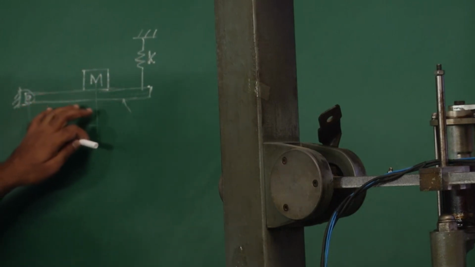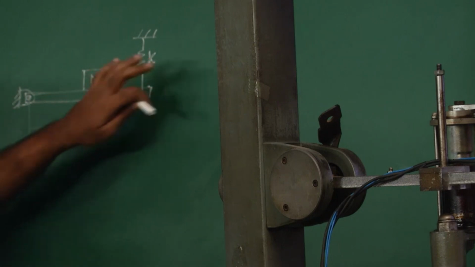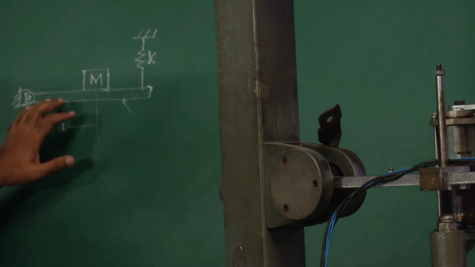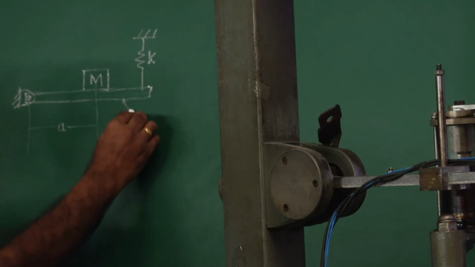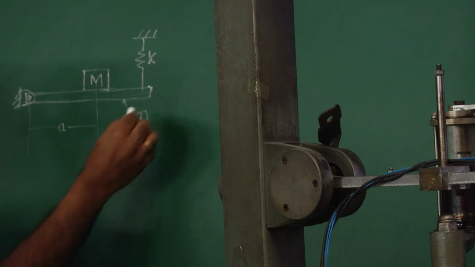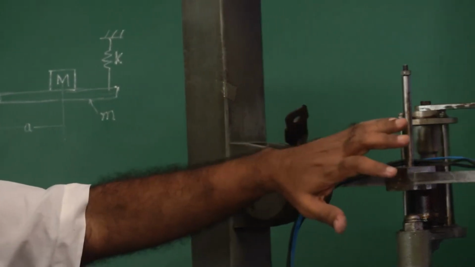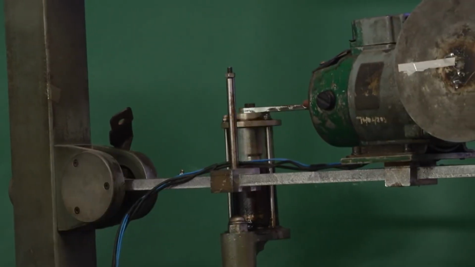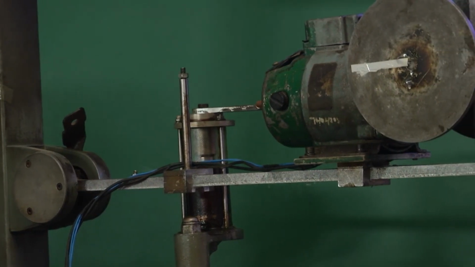So, we will give you the necessary dimensions and the other details like the mass of the motor, the stiffness of the spring, and also we can give you the dimensions of the beam, so that the mass of the beam, if you want to include it in the estimation of the natural frequency, that also can be included. Now, as we discussed in the theory, in the modeling of the actual physical system into its equivalent vibratory model, you need to make some assumptions.